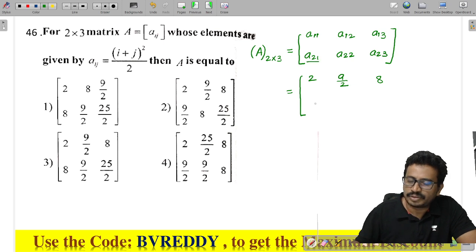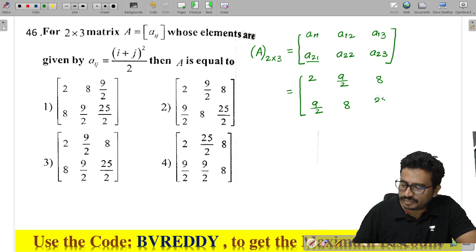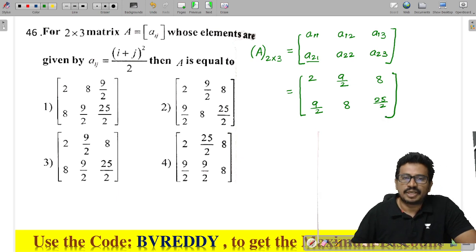Then 2 plus 1, 3, that is 9 by 2. 2 plus 2, 4, 16 by 2, which is 8. Then 5, 25 by 2. So these are the elements of this matrix. So the option 2.